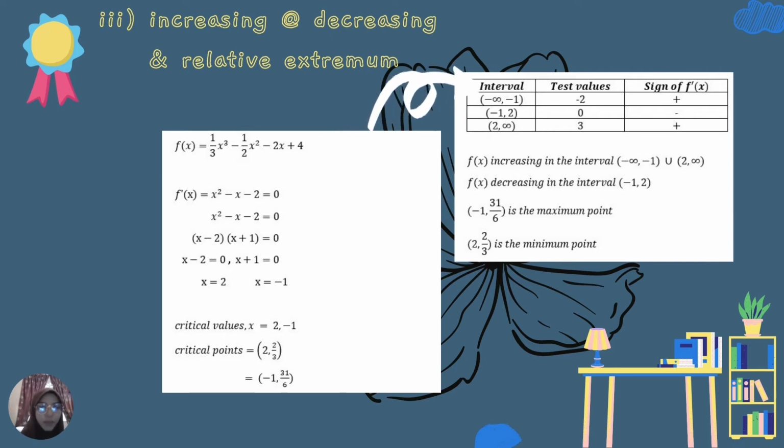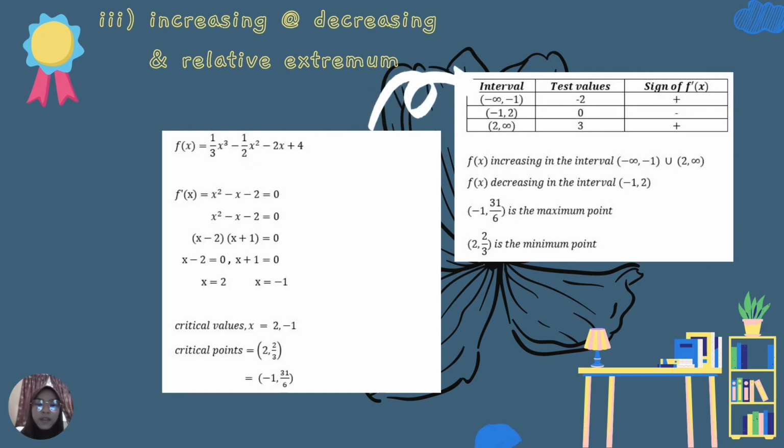Once we got the critical points, we create a table like this. The first column is interval, the second column is test values, and the third column is the sign, which determines which is increasing and which is decreasing.